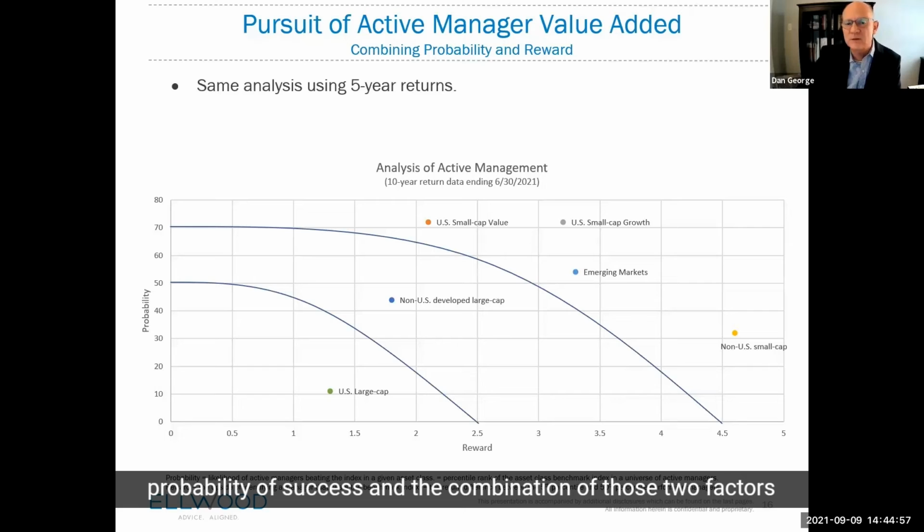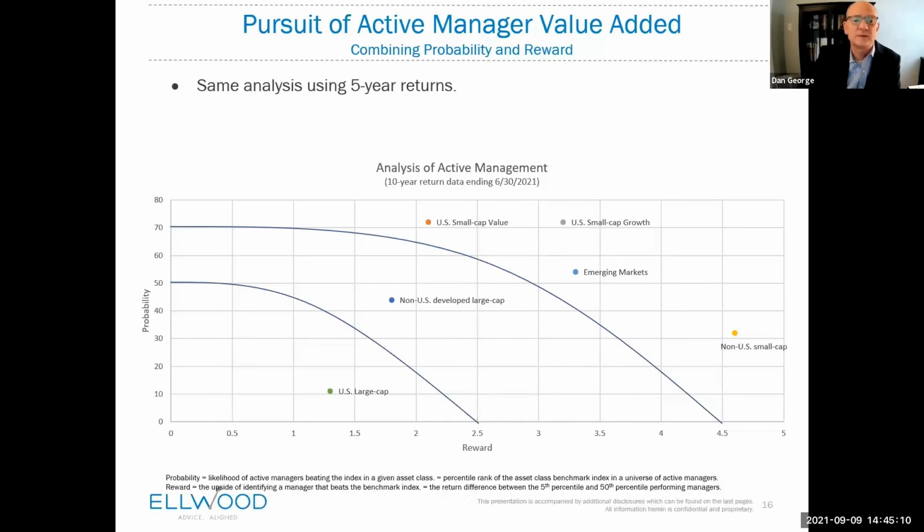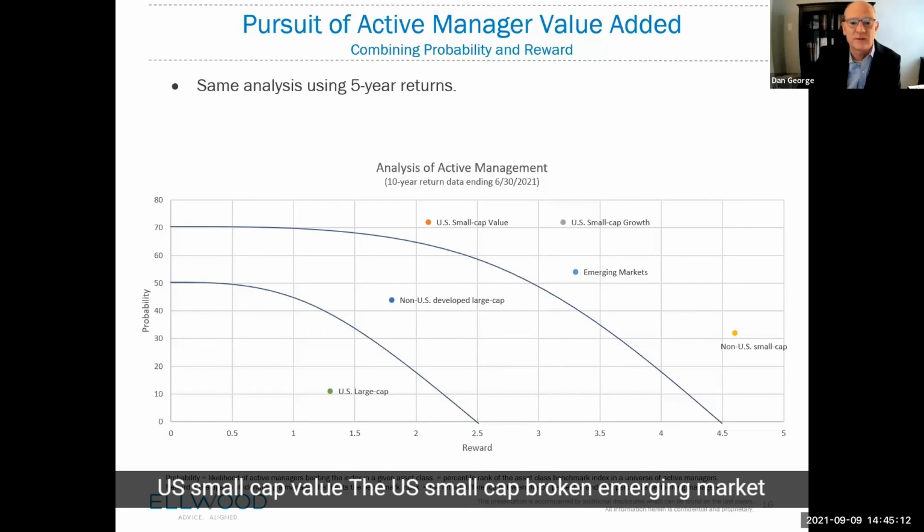The combination of those two factors, especially when you consider the differentiation we saw on the 5-year page for US small cap, which looked much more compelling, may prompt us to go ahead and use active management in US small cap value. The US small cap growth and emerging market looked very compelling with both a high reward and relatively high probability.